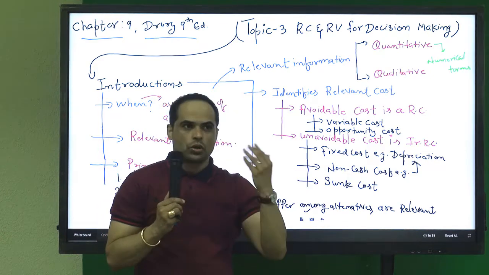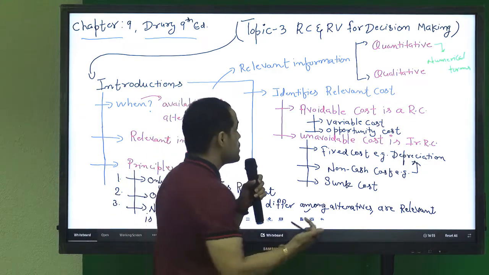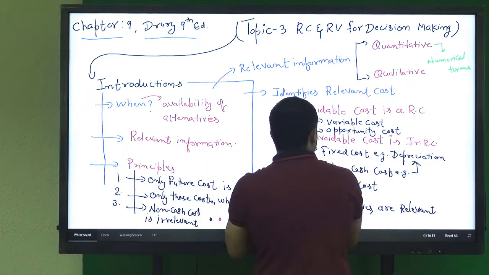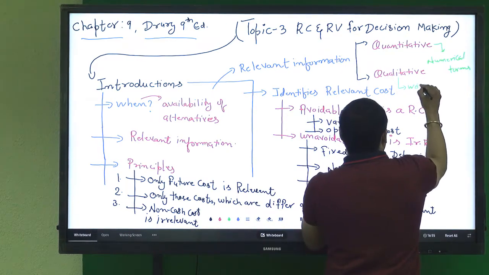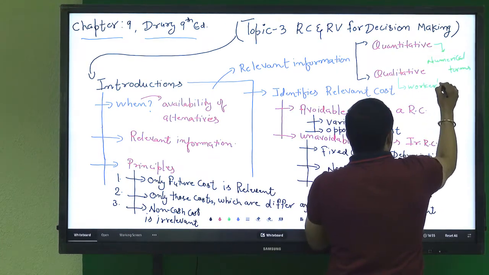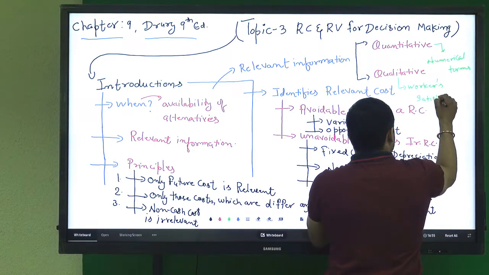All right? So the example of qualitative information is, let's say, workers' satisfaction.